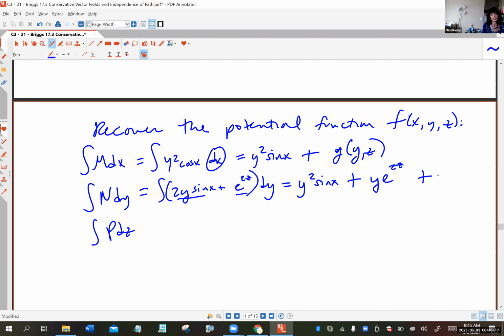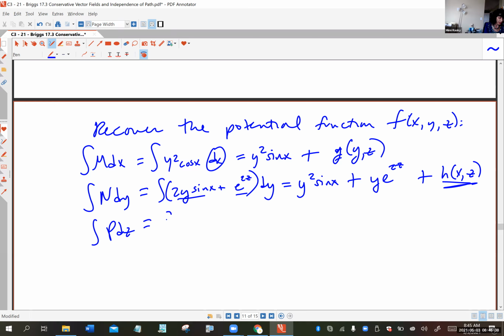So choose a different letter now, something other than g. I don't know, how about h? h of x and z. So we're acknowledging that we didn't integrate with respect to x and z for this particular result. And we're acknowledging that there could be more stuff with those variables.